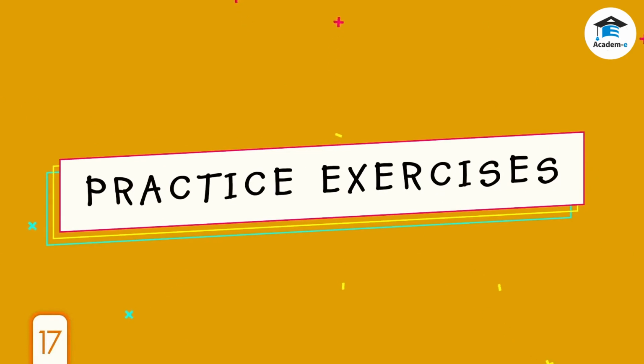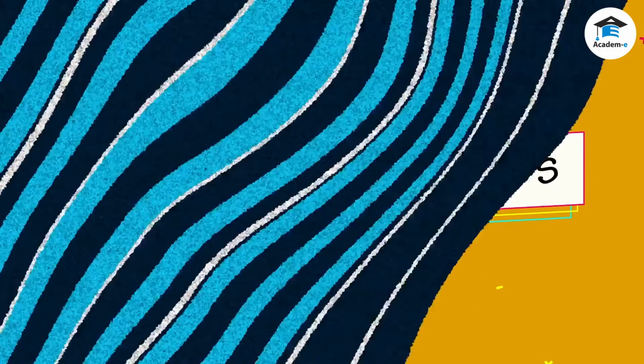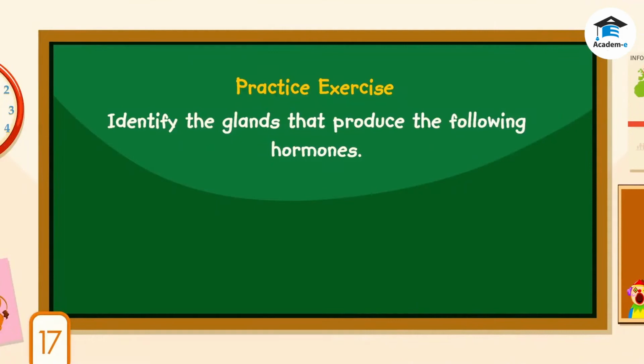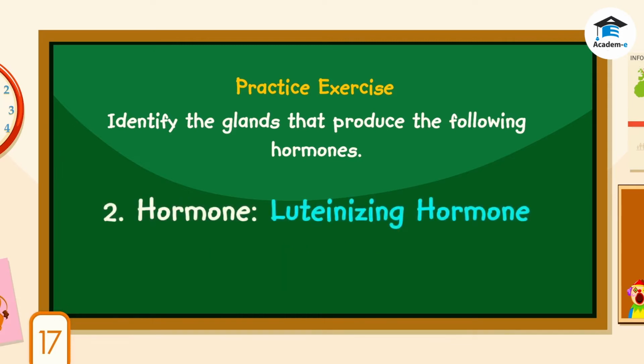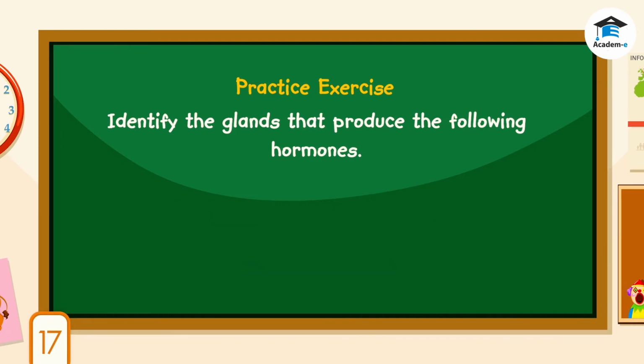Practice exercises. Identify the glands that produce the following hormones. 1. Vasopressin. Answer. Hypothalamus. 2. Luteinizing hormone. Answer. Pituitary. 3.